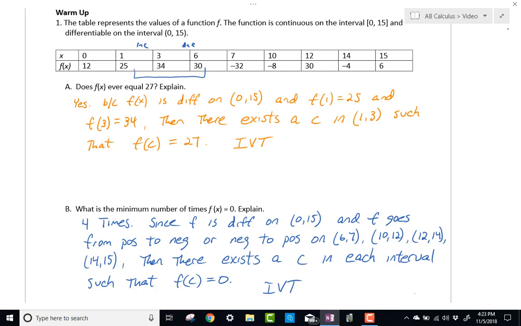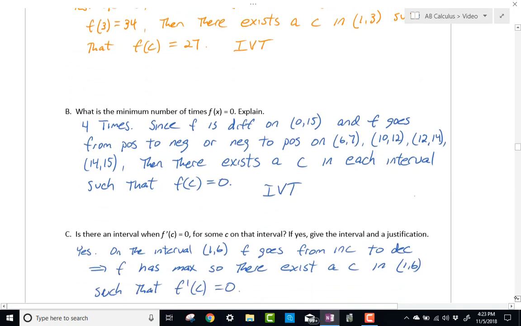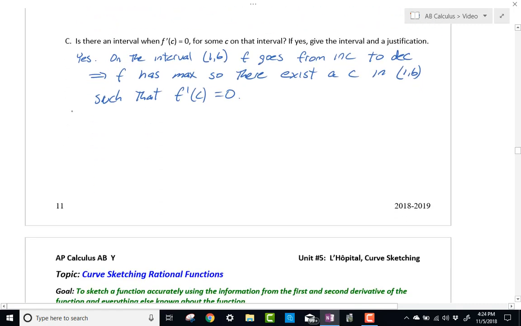So if you look at the interval from 6 to 12. All right? Look what happens if I take the average over that interval. If I were to take the slope over that interval, I'd have 30 minus 30 over 12 minus 6.